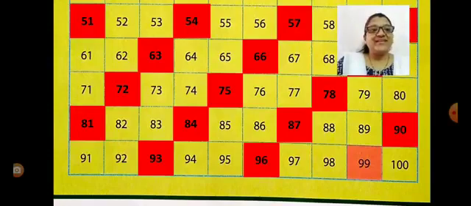See children, what a beautiful pattern we get after coloring these boxes. You also have to color these boxes nicely in your textbook.